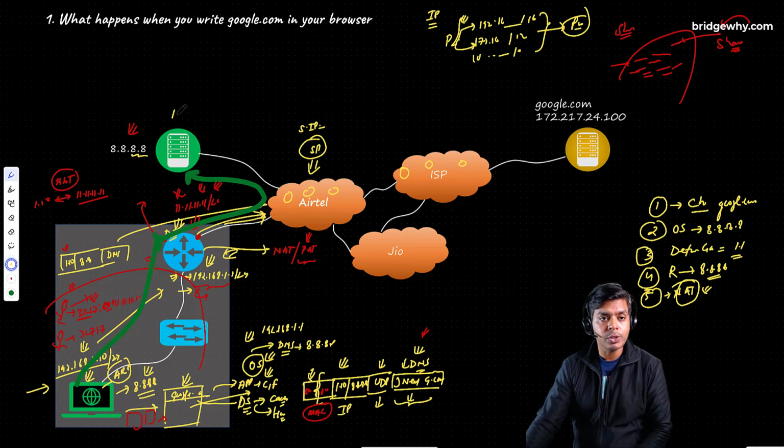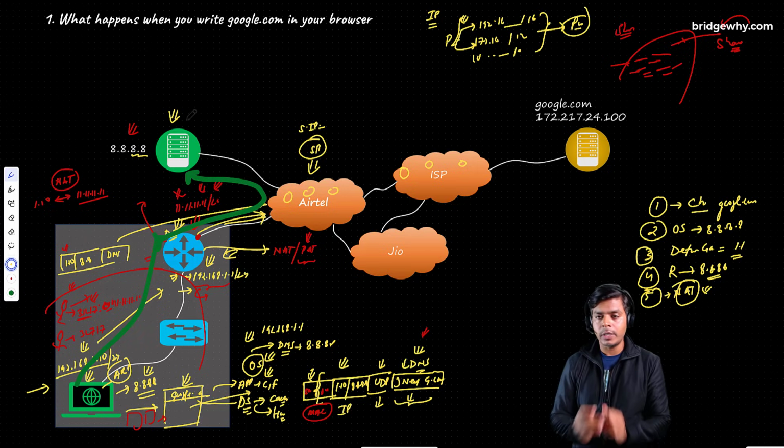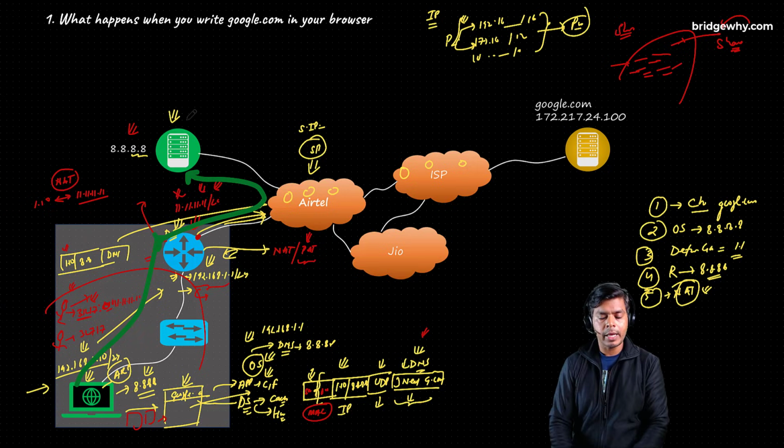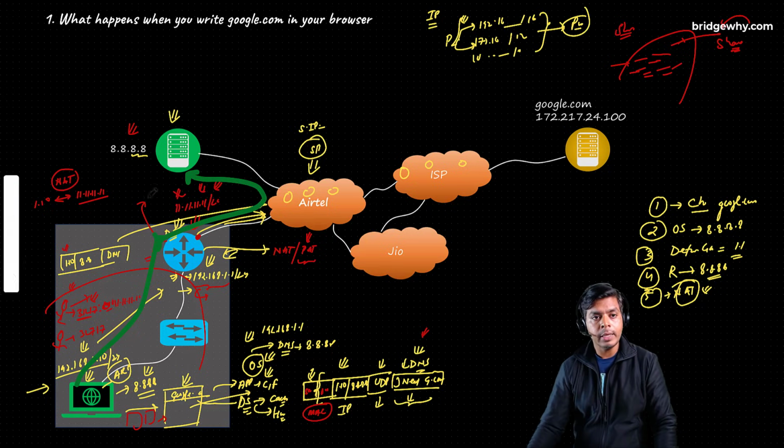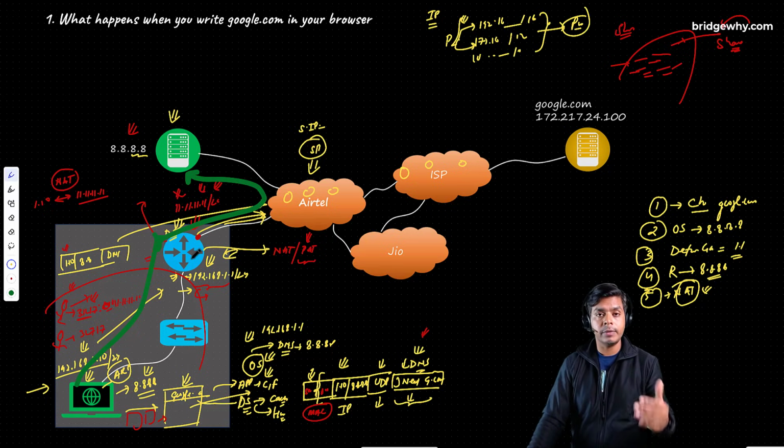This guy is a huge Google server. It is going to check its cache for whether it knows google.com. If it doesn't know, then the entire process which we discussed in video number 10 or question number 10 is going to happen.